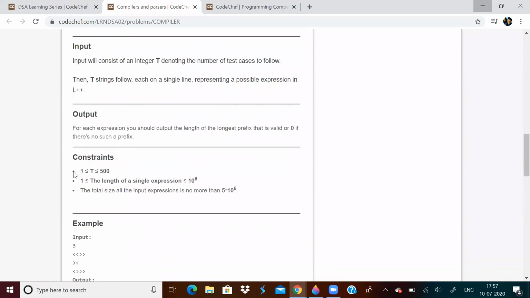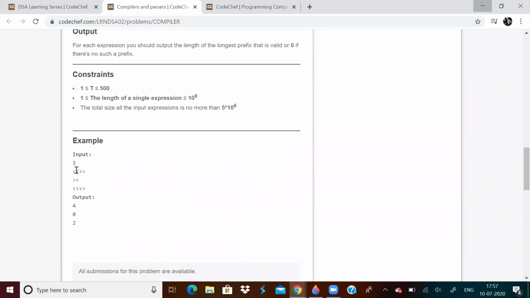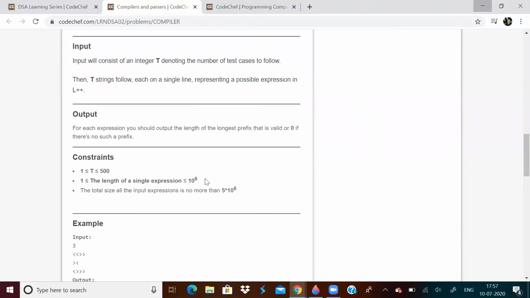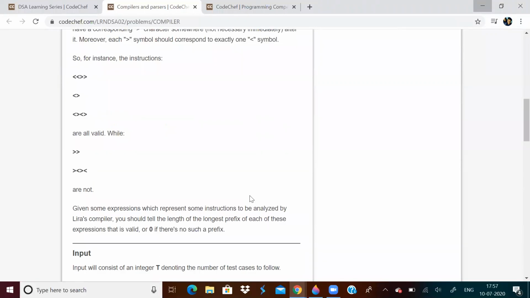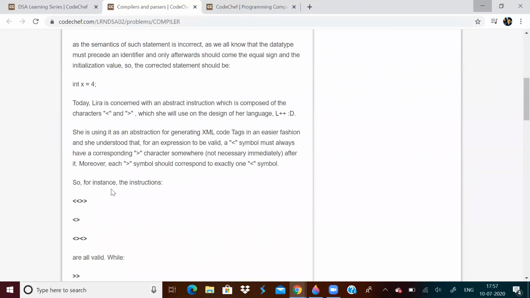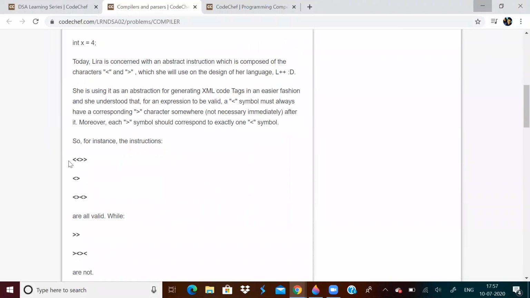We will be given a string which contains these characters: less than, equal, and greater than symbol. Length of the expression will be this much, and basically for every less than character we should have a greater than character.